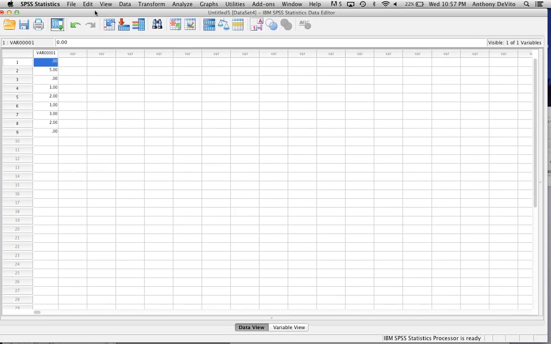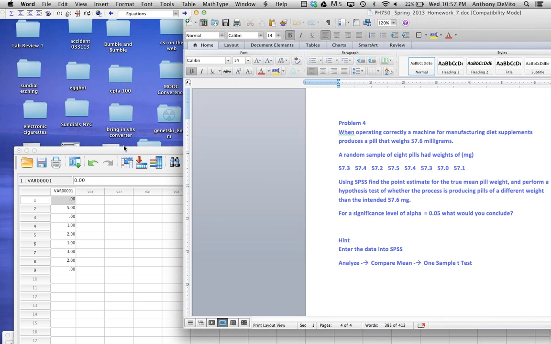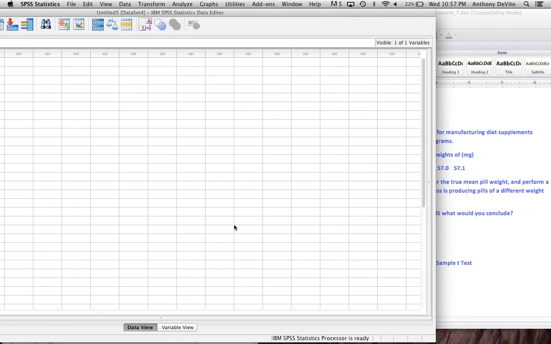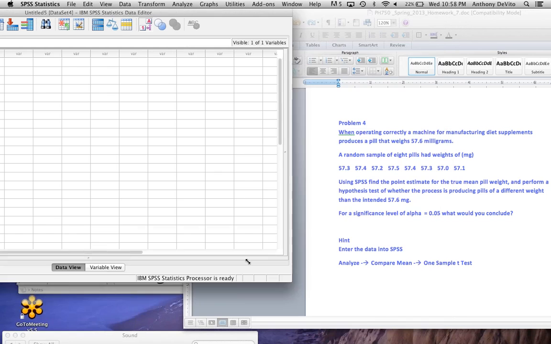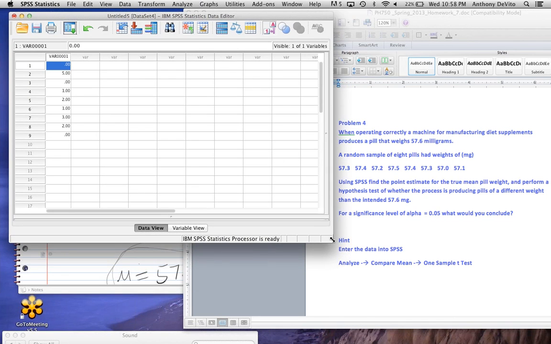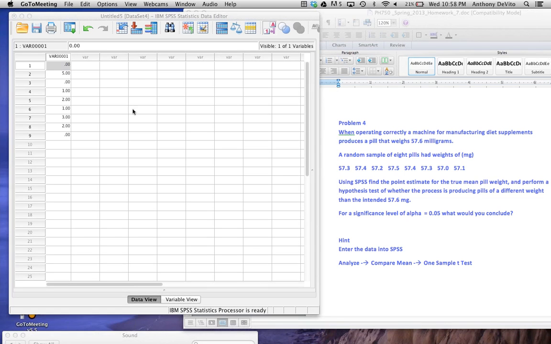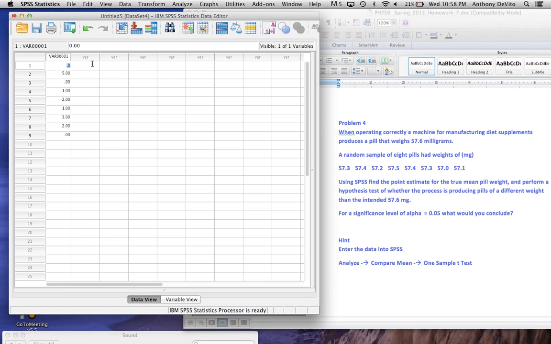Let me put this on this side. I'll be able to get these here at the same time. There's other stuff on my desktop you can't see. That's why I'm having so much trouble moving stuff around here.